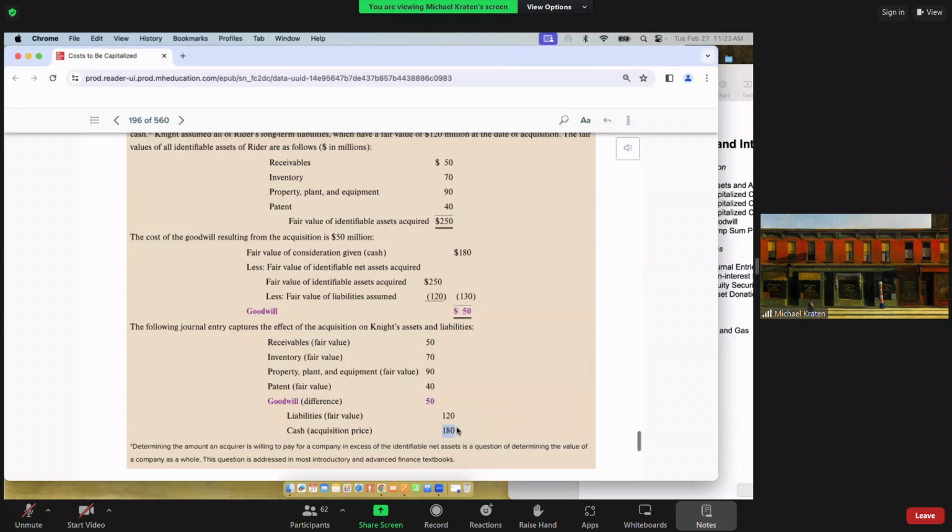Or maybe you just have bad information and you are overestimating what it's worth. In that case, there is no goodwill.